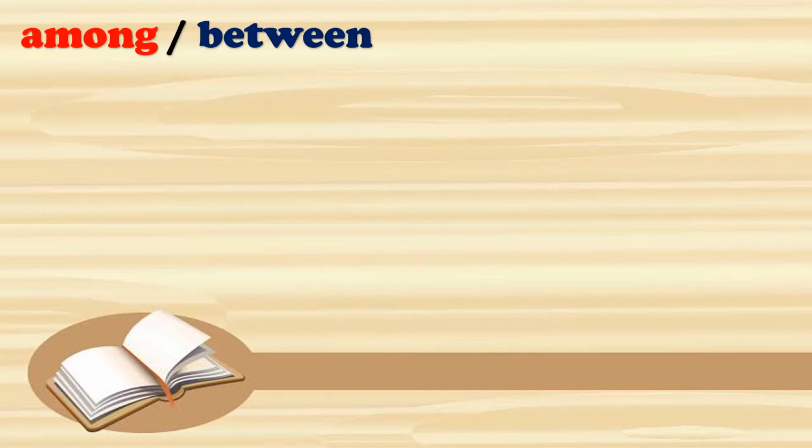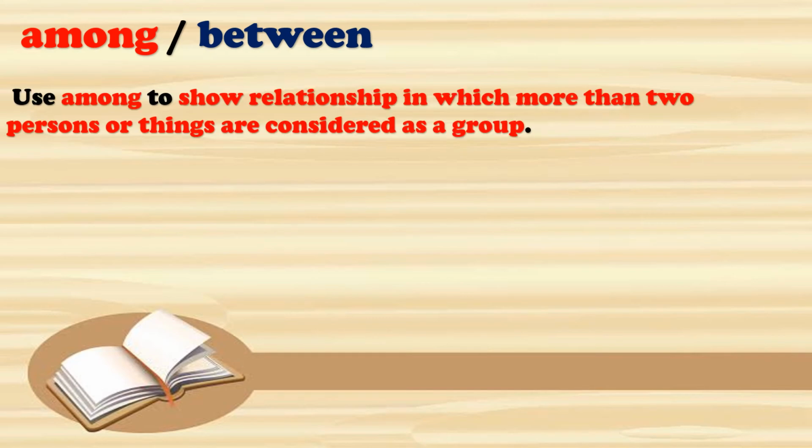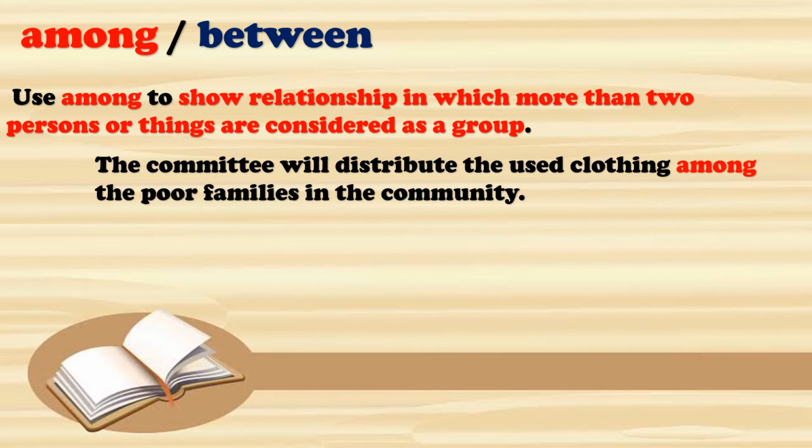Now let us have this pair. Among, between. Use among to show a relationship in which more than 2 persons or things are considered as a group. The committee will distribute the used clothing among the poor families in the community.